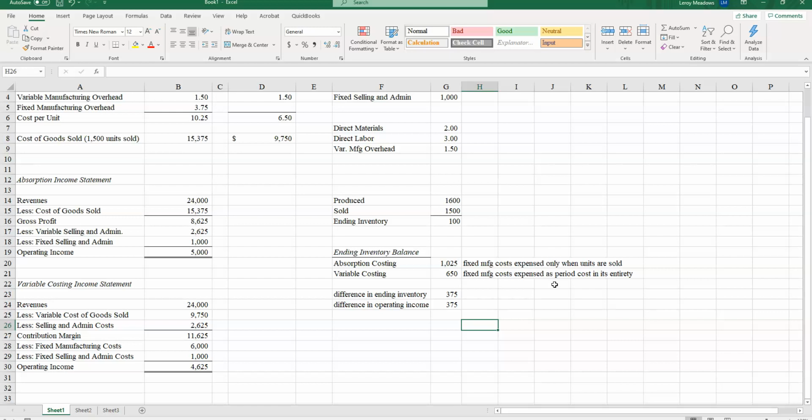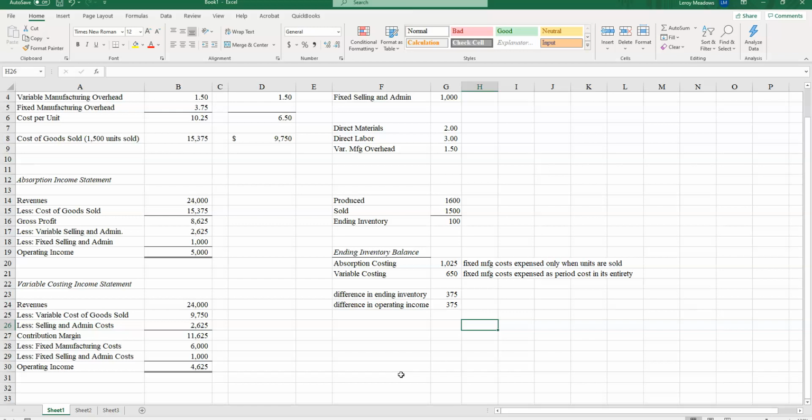Under absorption costing, we're only expensing fixed manufacturing costs as a product cost when those units are sold, because they end up on the balance sheet first, and we only expense off the units that are sold from the balance sheet.